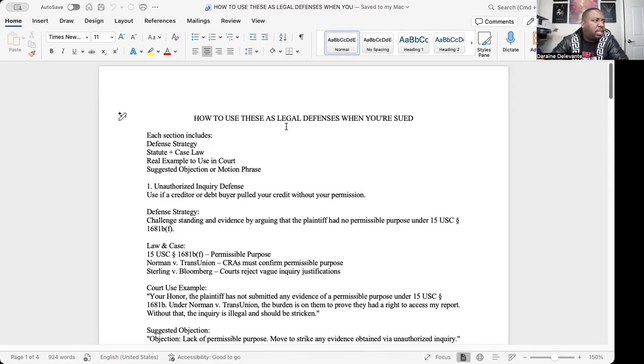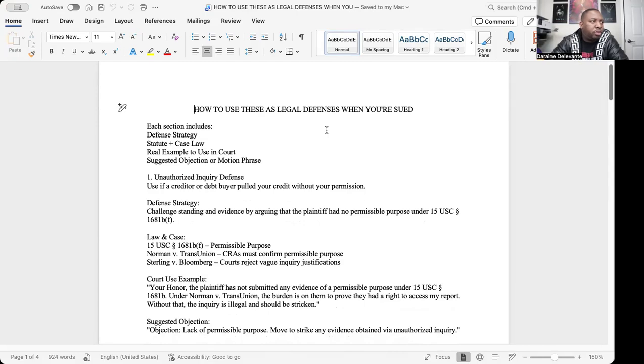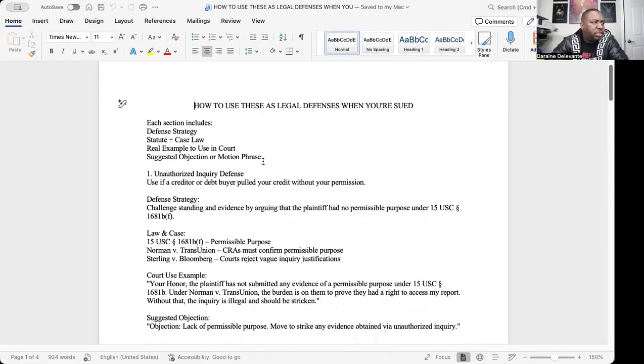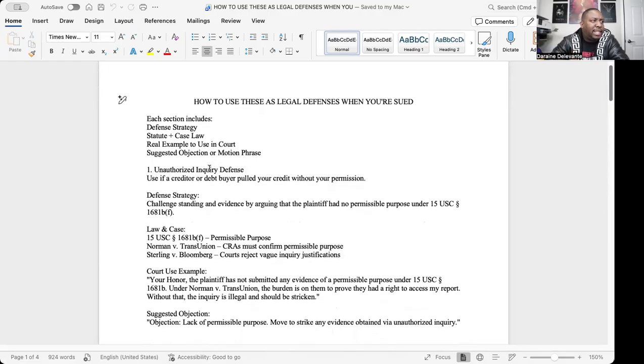All right, so let's talk about how to use these as legal defenses when you're being sued, right? So each section includes defense strategy, statute, case law, examples in court, suggested objection, or motion phase. So let's say that collector unauthorizedly pull your credit. You could use number one, unauthorized inquiry defense.